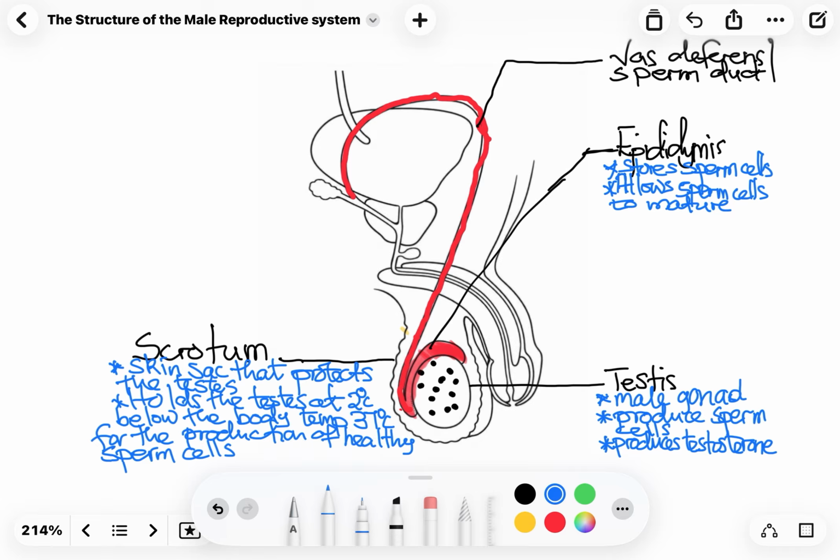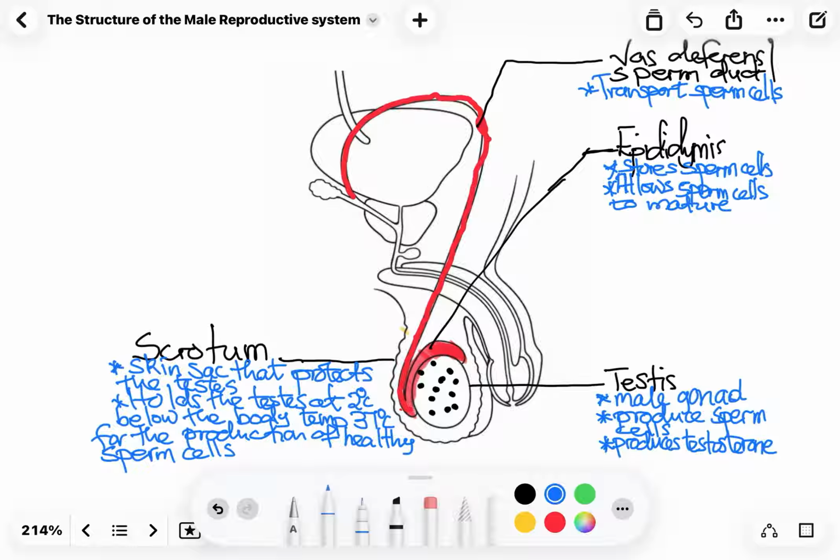The function of the sperm duct, as you have seen, is to transport sperm. Sperm will be referring to sperm cells.